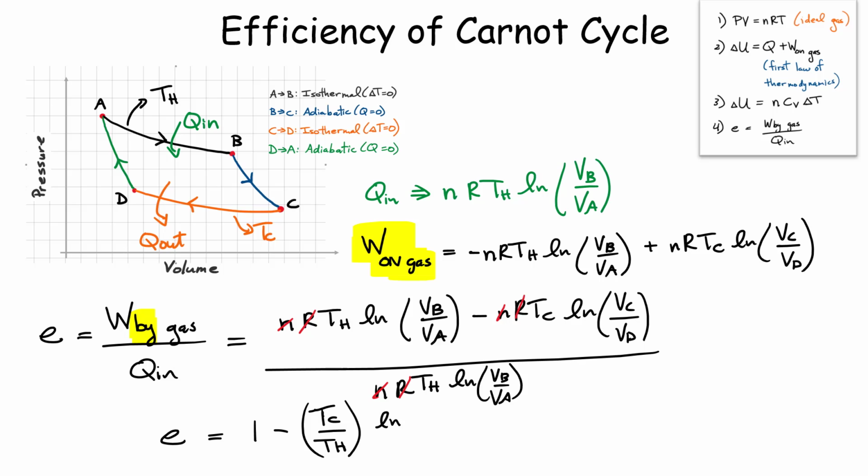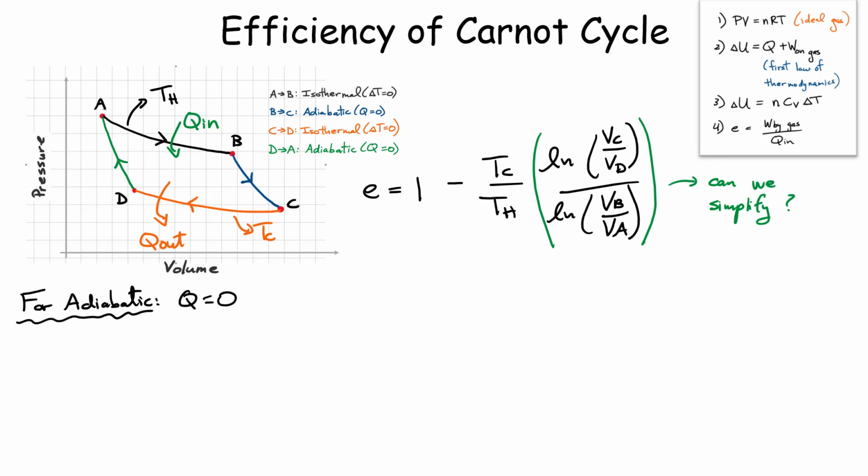You can't neglect this, natural log of VC over VD and over, oh boy, I'm running out of space, natural log of VB over VA. All right, we still have to worry about this ratio of the natural logs. So now let's go on the next page and work this equation out a little bit more and try to simplify this expression here involving these natural logs.